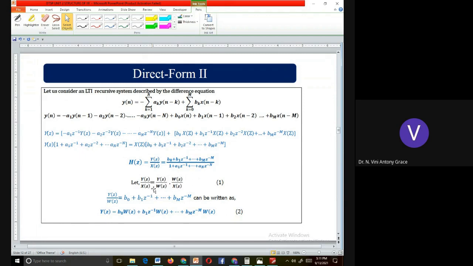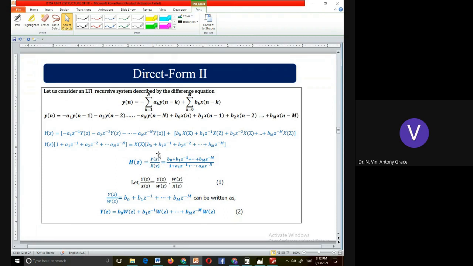Y of z by X of z is Y by W, W by X. And then we are going to split this into two different terms. So Y of z by W of z: you take the numerator alone of this transfer function.